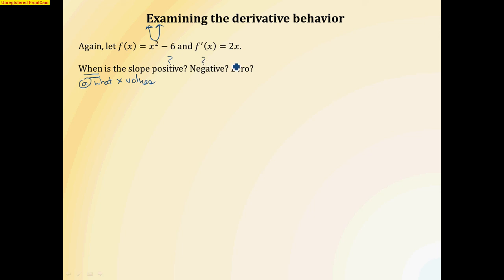Negative. 0. Hello? I can answer that for you. The characteristics of 2x answer these questions about x squared, the slopes on f of x.